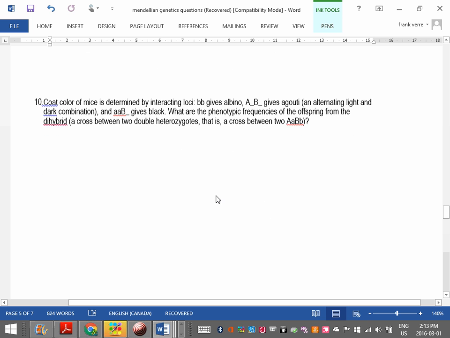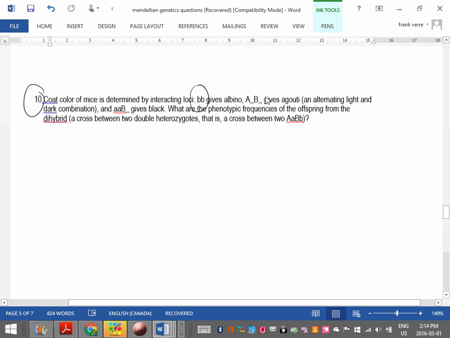All right. I'm not going to do 10 because, yeah. 10, what do you think 10 is? No, stop. I'm going to stop. I'm asking you, what do you think it is? This is an example of what? It is because this gene affects the color in the other gene, so that's epistasis.